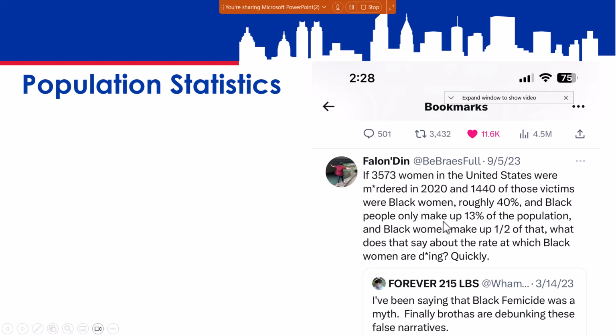What we need to find out is this: 13% of what population? So what number do Black women make up of the population? Just guessing, is that going to be in the hundred thousands, millions? That's probably going to be in the millions. Right.